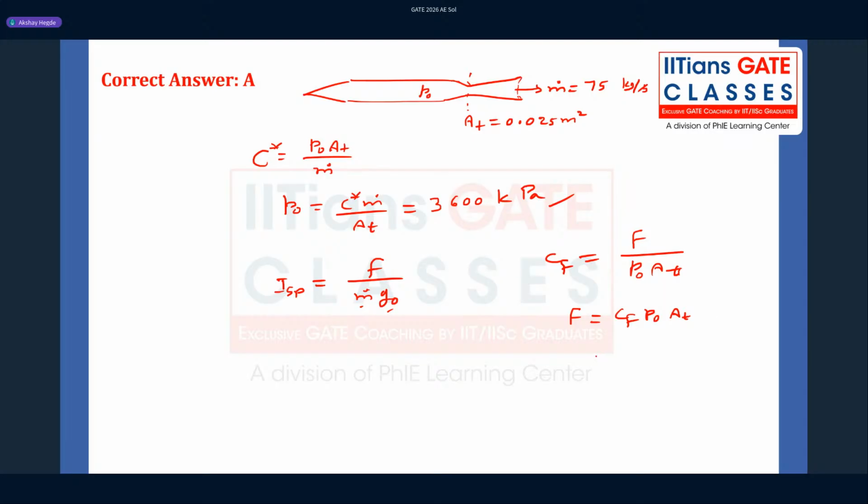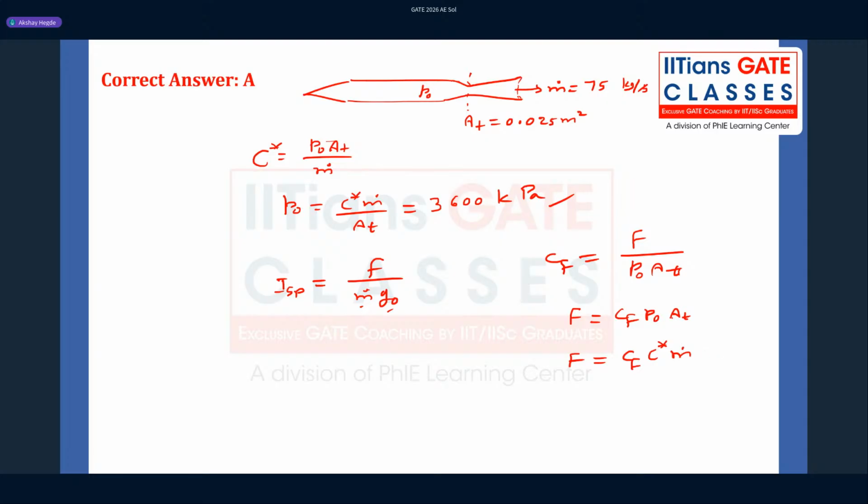Or if you're not sure whether the P naught I'm getting is correct or not, what we can do is rearrange this one. P naught AT can be written as C star times m dot, right? So F is CF C star m dot. In this way, you are expressing everything in terms of the given data in the problem, just to make sure you are not making mistakes, especially during GATE.